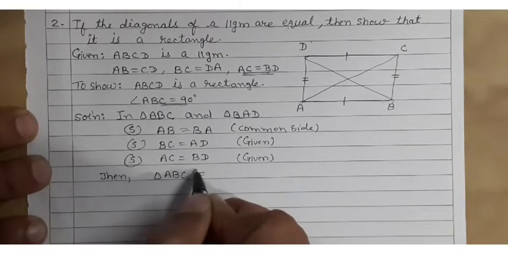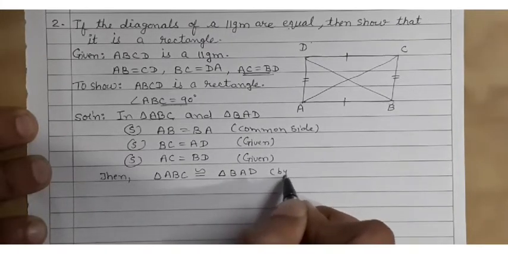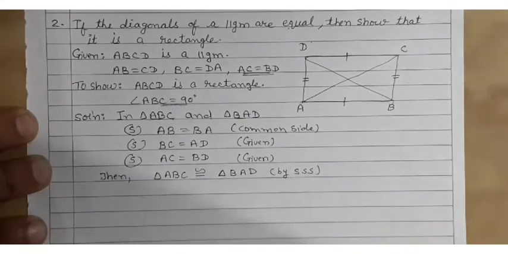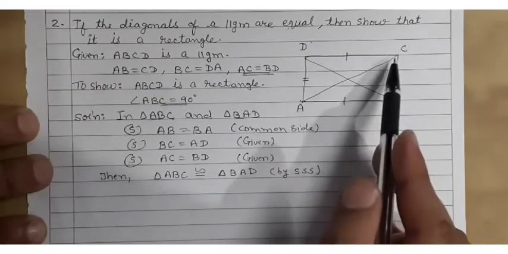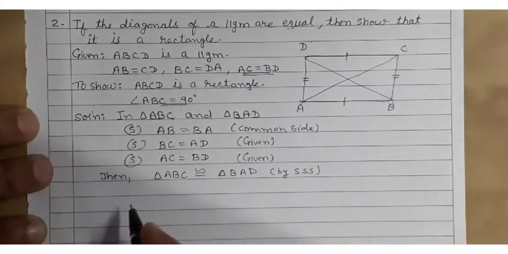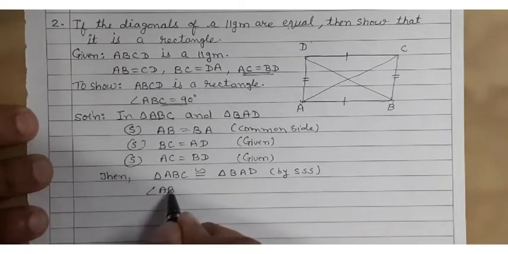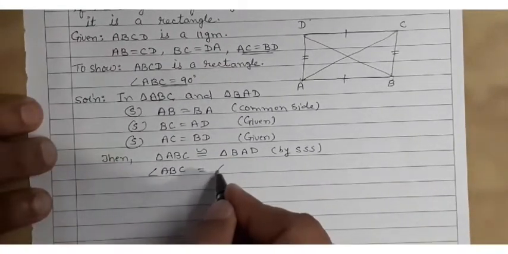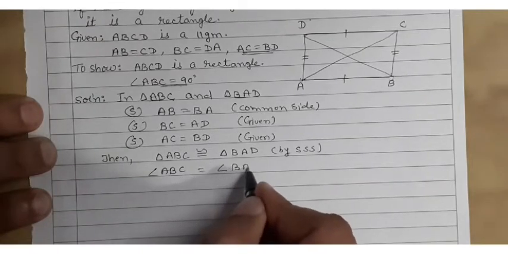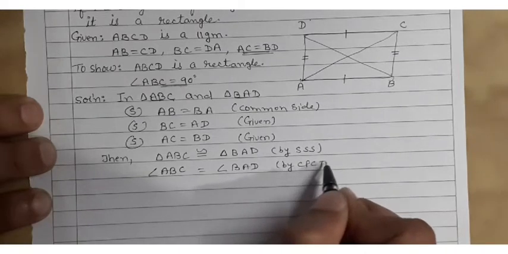Then what can you say? Triangle ABC is congruent to triangle BAD by the SSS rule. But if these two triangles are congruent, then what is the meaning? Angle ABC is definitely equal to angle BAD by CPCT.